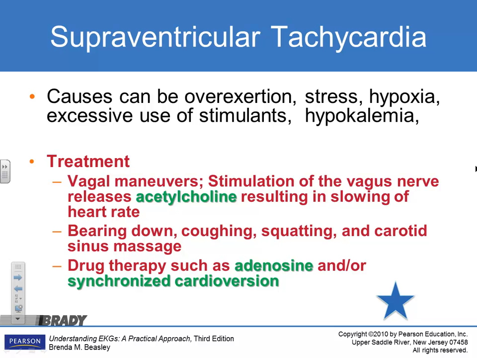Now, when you use adenosine, what vein do you want to use? You want the AC? Closest to the heart. Yep. Number one, you want to be close to the heart. So for us, the AC or EJ.